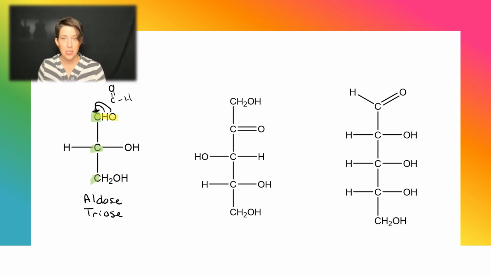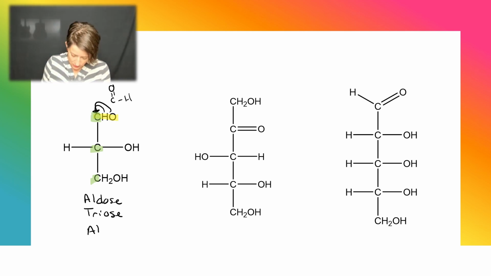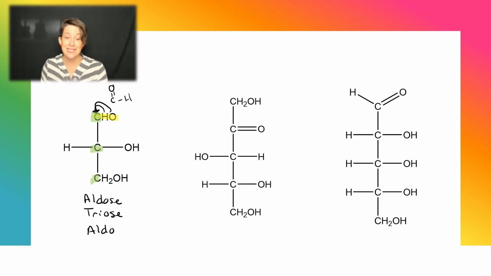However, rarely do we just use one or the other, because we always need to know the carbonyl and we need to know how many carbons there are. Blending the 2 names, we have aldo because that takes precedence and it tells us where the carbonyl is at and what carbon number it's probably going to be. And then we end with that triose.